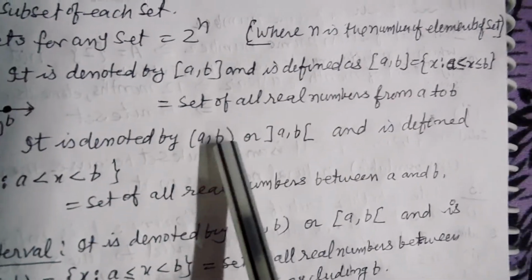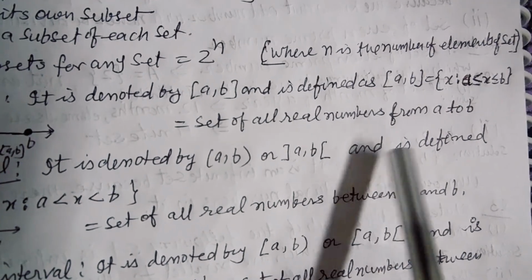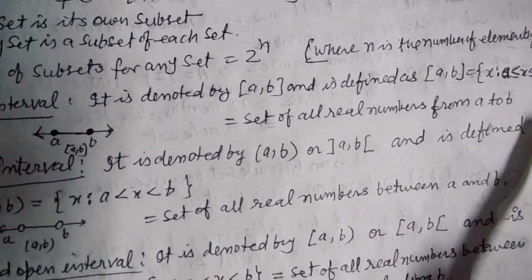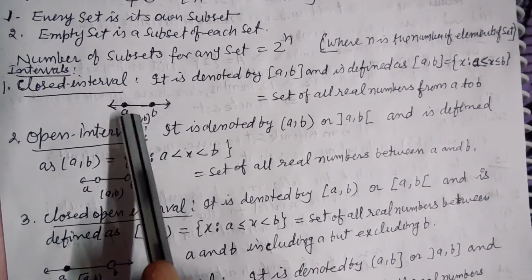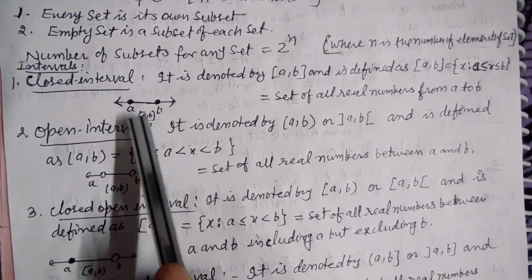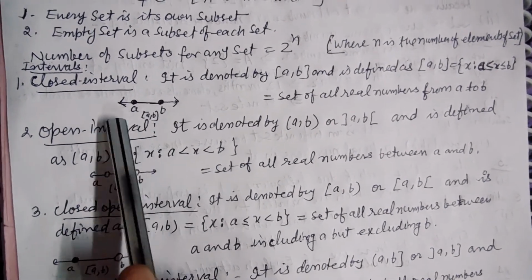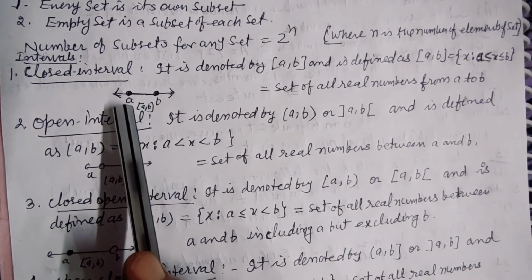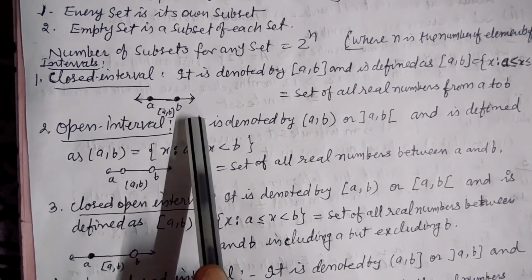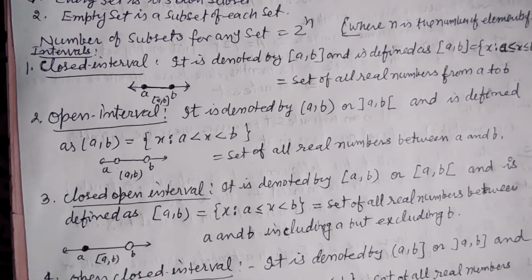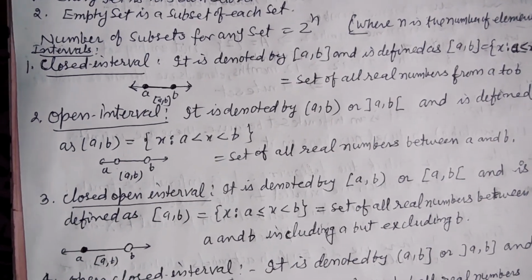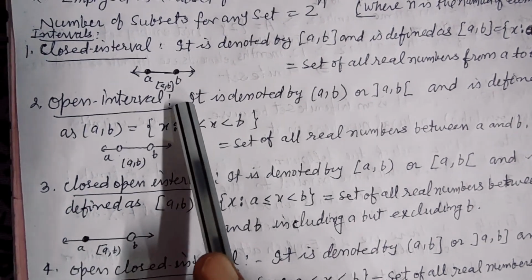This is equal to the set of real numbers from a to b. Clear? This is the diagram here. We put dark circles on a line at a and b. This dark circle and the dark line between a and b denote [a, b]. This is called the closed interval.